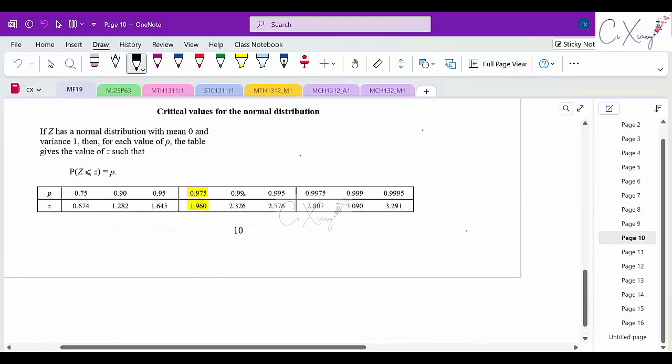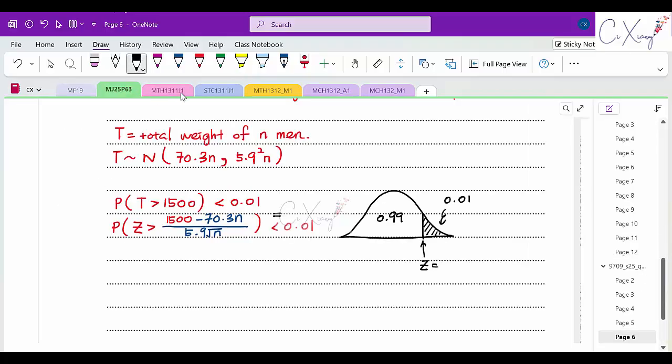Where is the 0.99? You can see this is part of the value, and the value of z is 2.326. So when z is greater than 2.326, the area is 0.01, or the probability is 0.01.